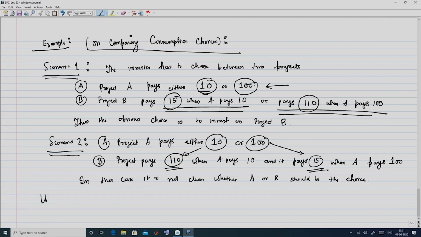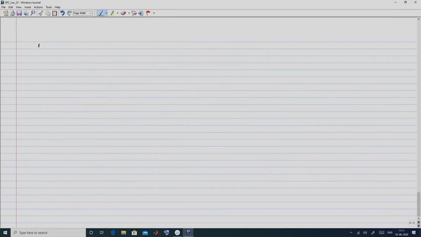So, this brings us to revisiting utility functions in the context of consumption. So, recall that the utility function maps the consumption choices to real numbers.